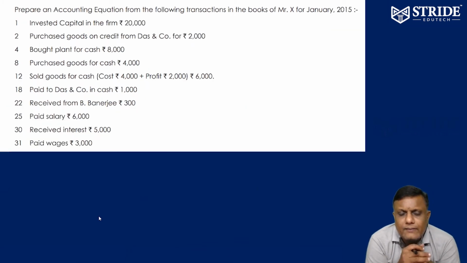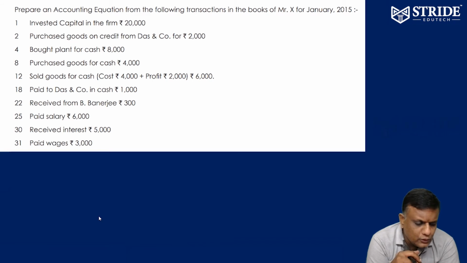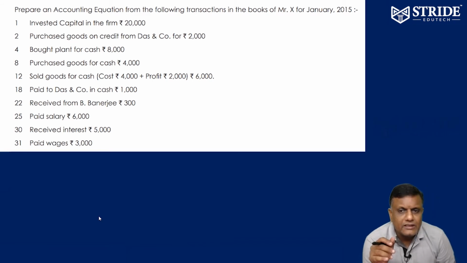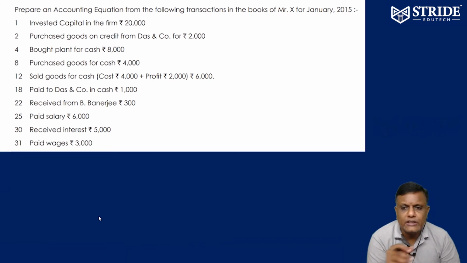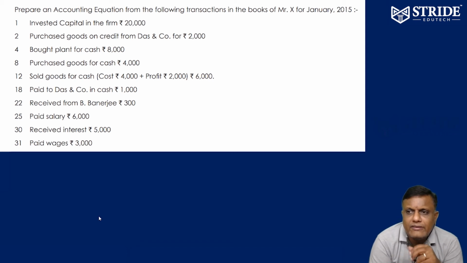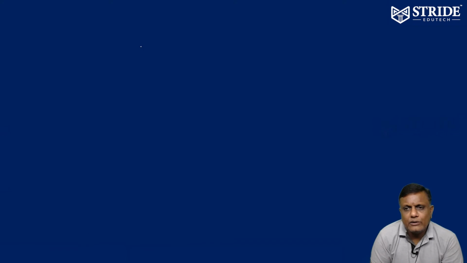Let's see. Prepare the accounting equation from the following transactions in the books of Mr. X for January 2015. So it is purely based on the accounting equation approach. What is the accounting equation?